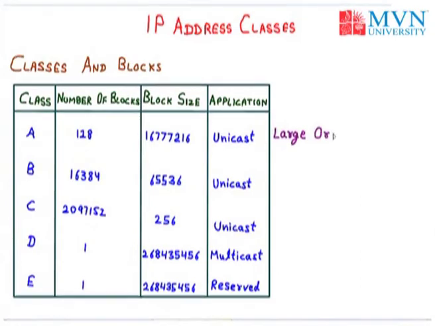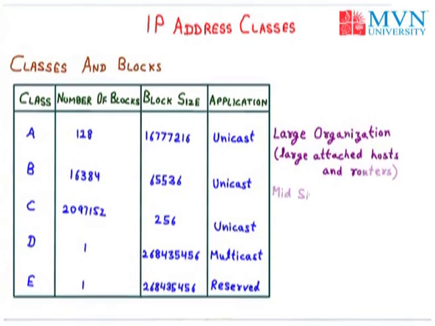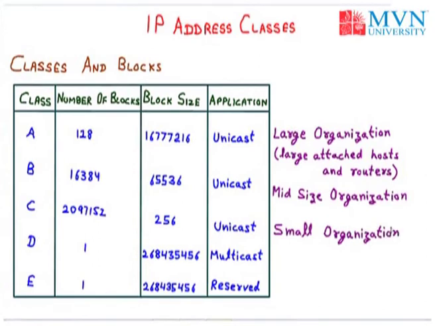Class A addresses are used for large organizations, meaning organizations with a large number of attached hosts as well as routers. Next, class B is used for mid-sized organizations, and class B block addresses are also too large for many organizations. Next, class C is used for small organizations, and again the class C block is very small for many organizations.